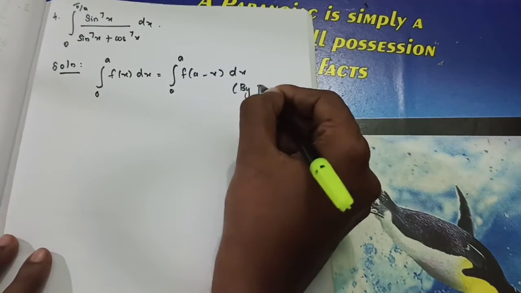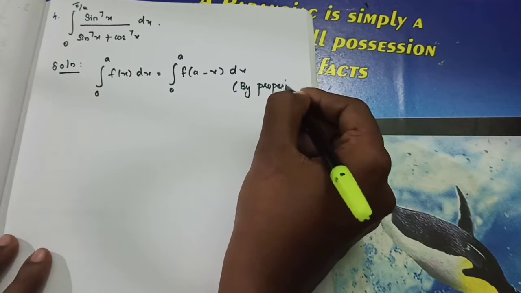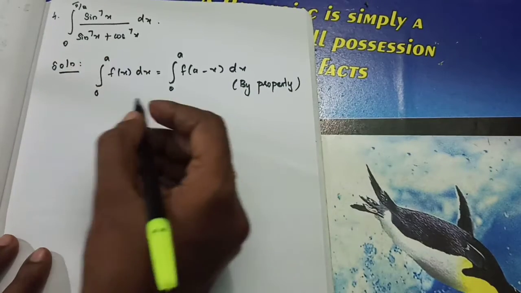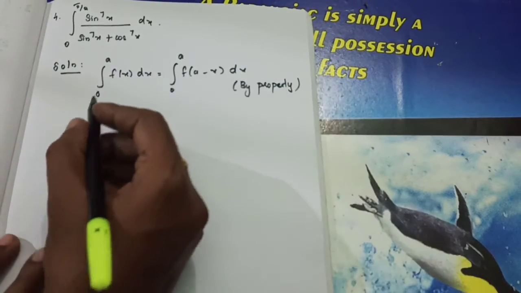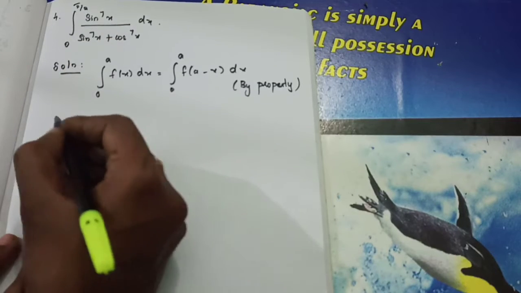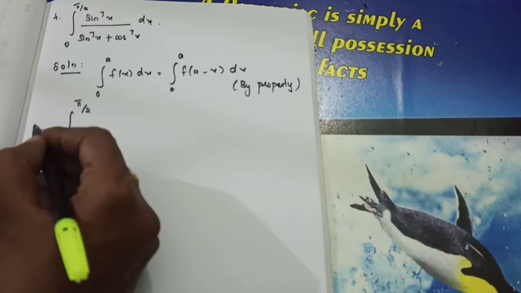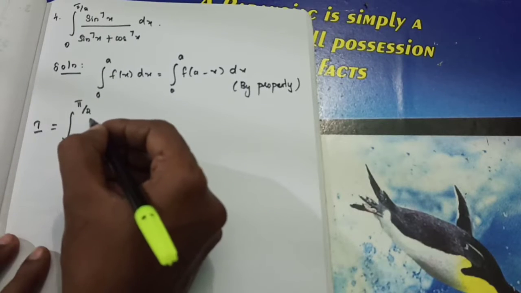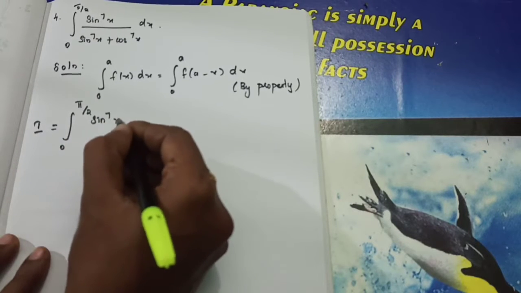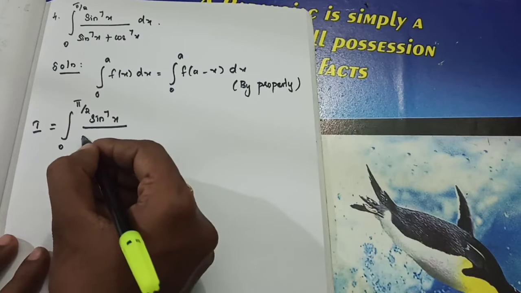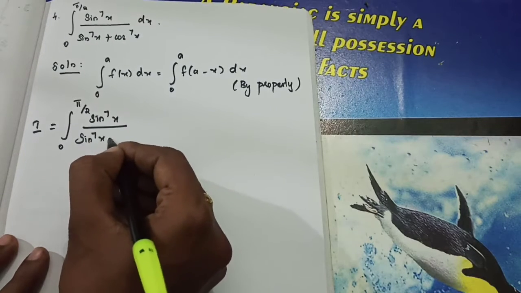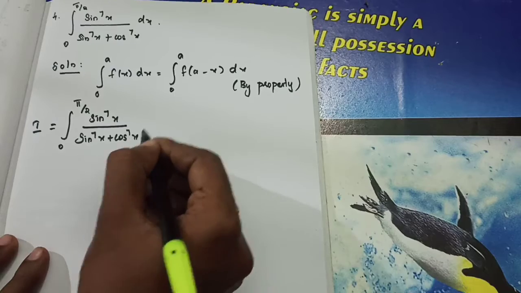We have used it in the example also. So by the same property, in the place of x you will substitute a minus x. Here the a value is pi by 2. Okay. Substitute. First you can consider this as I. That's given: 0 to pi by 2 of sine power 7x divided by sine power 7x plus cos power 7x dx.